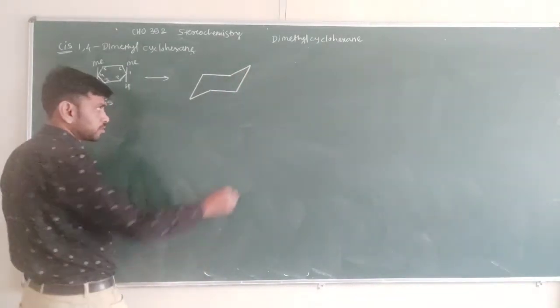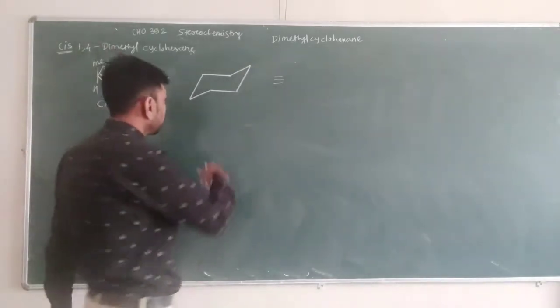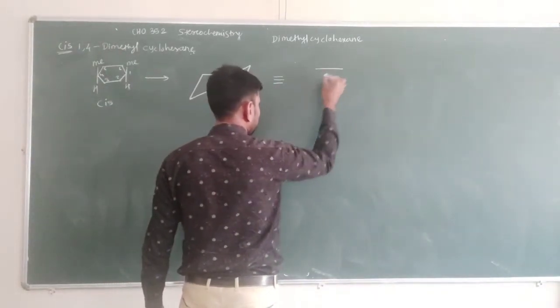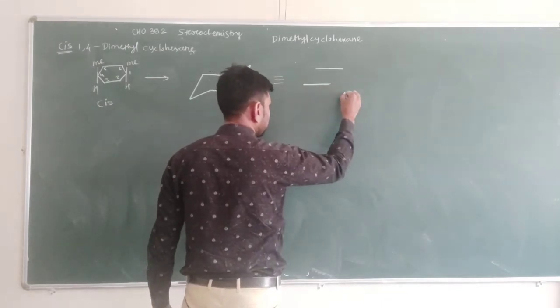The chair conformation here, you can convert by ring flipping into another chair conformation. That another chair conformation can be drawn in this way.